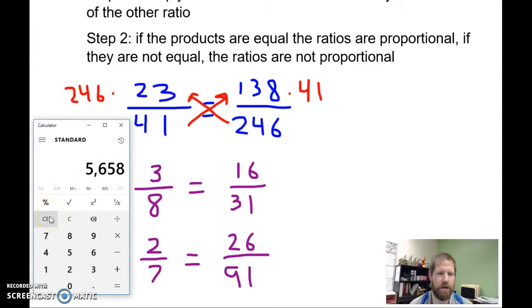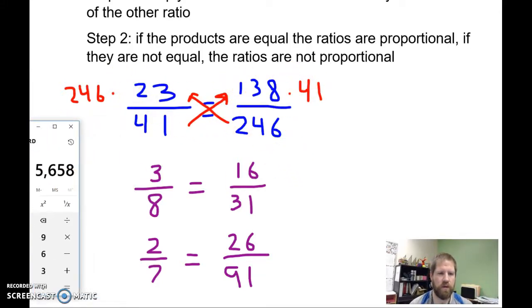Remember that number. And then 138 times 41 is 5,658. So these are proportional, because their cross products were equal.